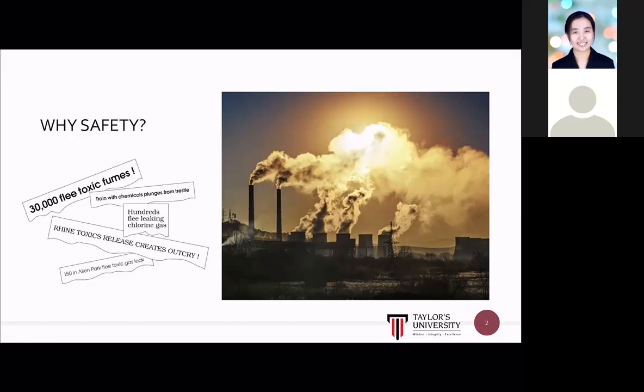It's not just Taylor's campus going off, the whole of Sunway PJS7 is going to be a crater. So safety is the number one priority for chemical engineers. Always remember that we do not mess with safety. It's not just harming others, it's not just protecting the environment, it's not just damage, but it's all of these.